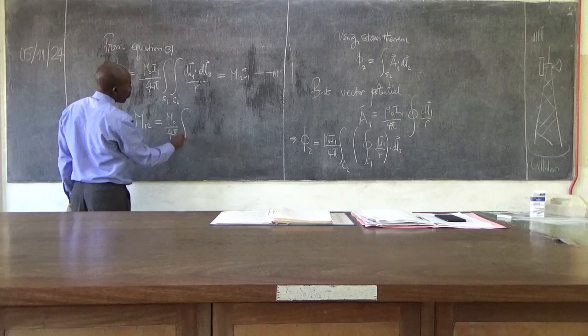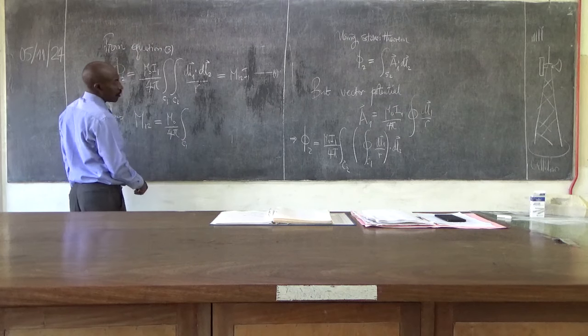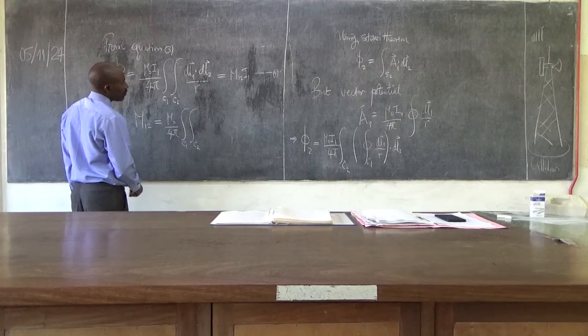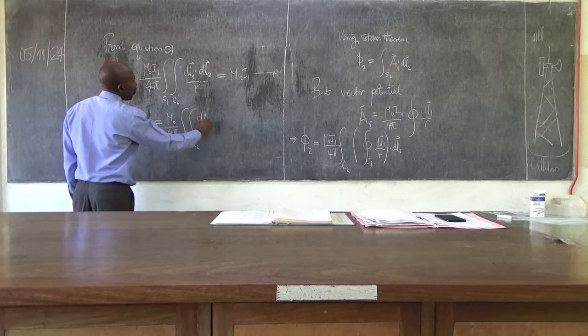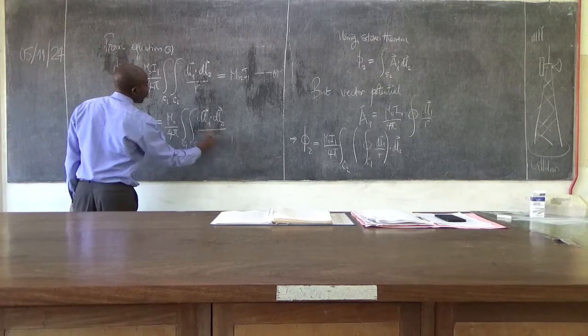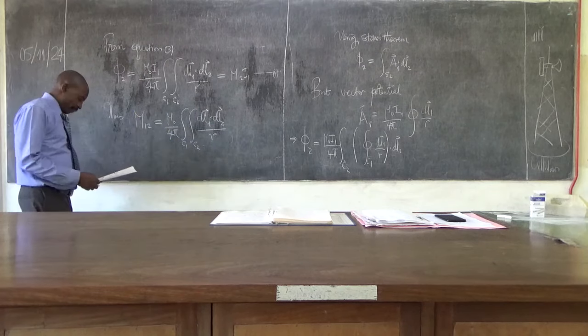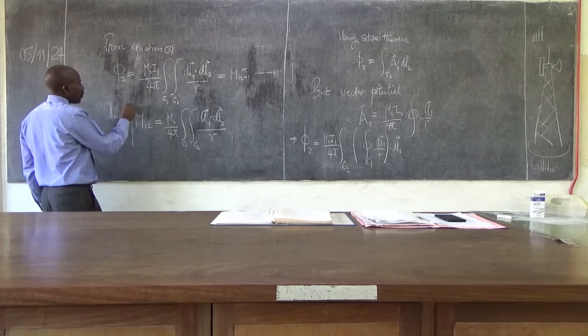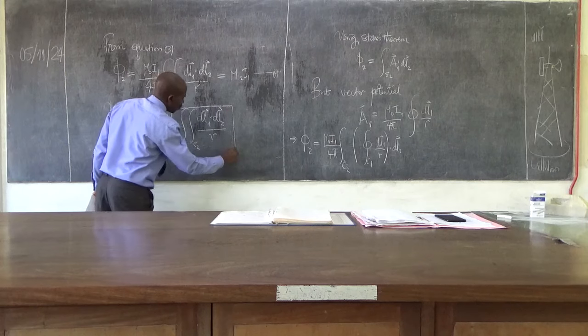I1 cancelled, so we have integral along the curve C1, integral along curve C2, dl1 dot dl2 over R, and this is our equation 5.